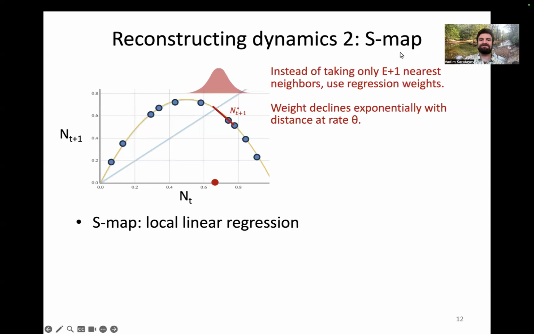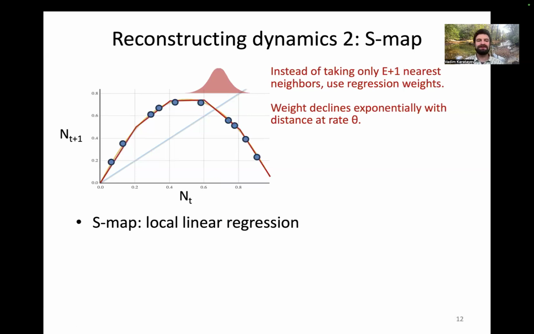We're going to use, for instance, this kind of kernel, where how much any of these data points contributes to the slope of that linear regression declines exponentially the farther away it is in phase space, or in this case in N(t). So our weights decline exponentially with the rate theta.